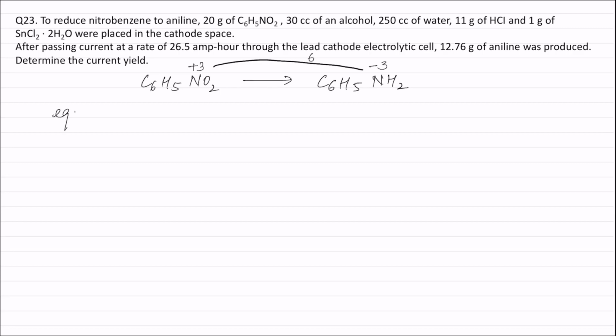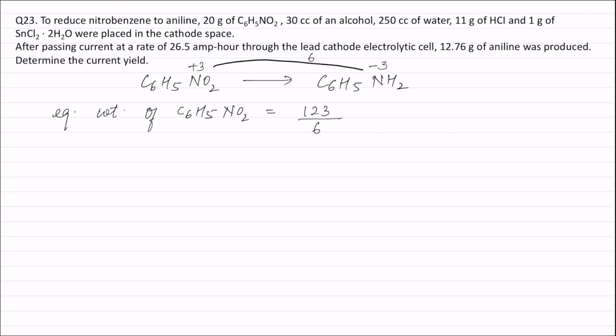Therefore, equivalent weight of nitrobenzene, that is C6H5NO2, is equal to molecular weight of nitrobenzene, that is 123, divided by valency factor, that is 6.